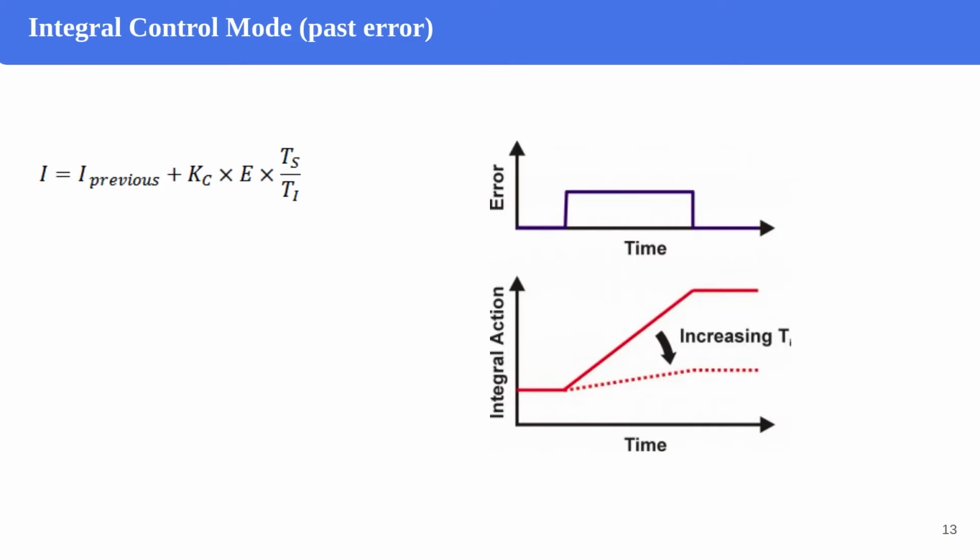If it is set too short, the control loop will fluctuate and become unstable. In this figure, the Ts is the control algorithm's execution interval, sometimes called sampling time or scan time.